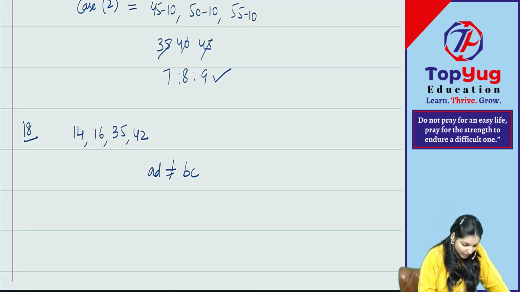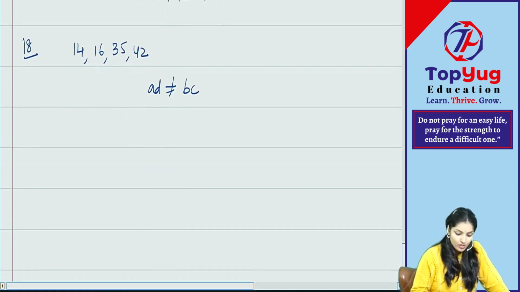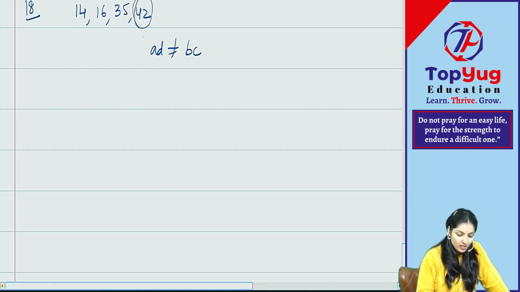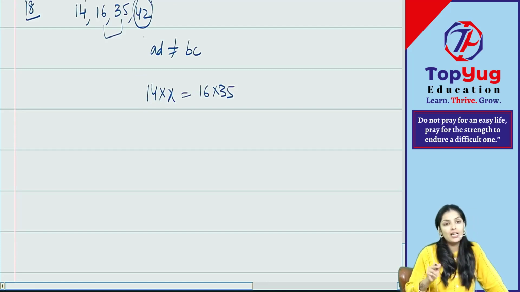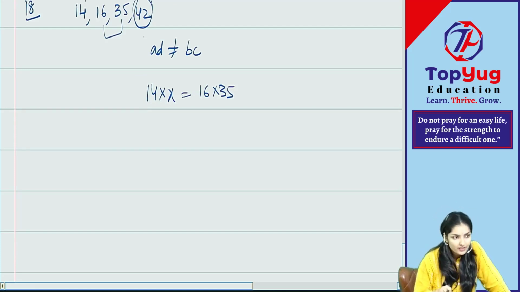So the remaining part is given, the fourth term for which they will be in proportion. So we have to change the fourth term. That means 14 into x should be equal to 16 into 35. Guys, if I want, I can go with the trial and error method.